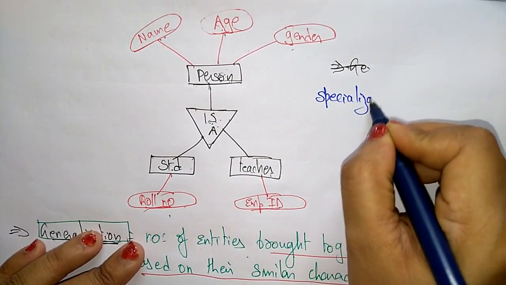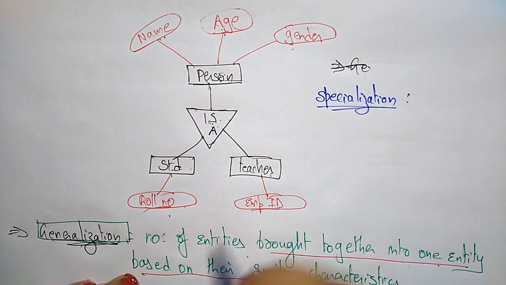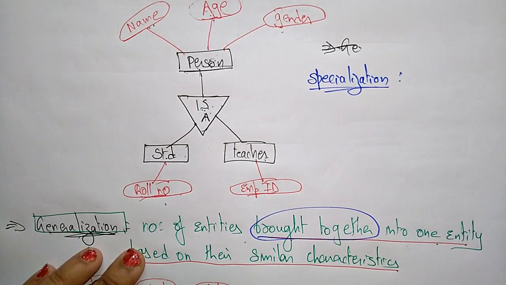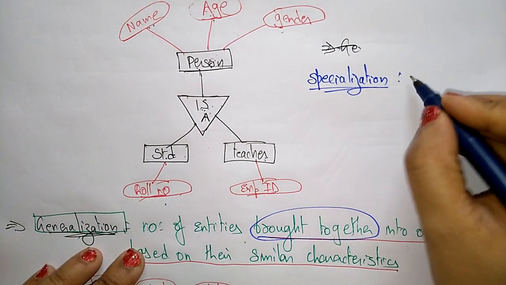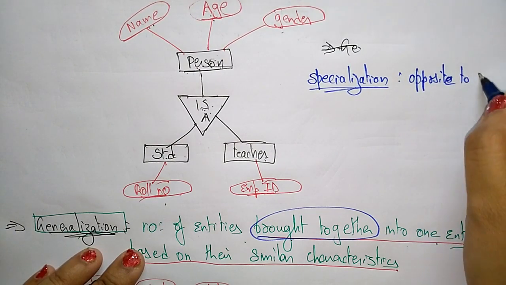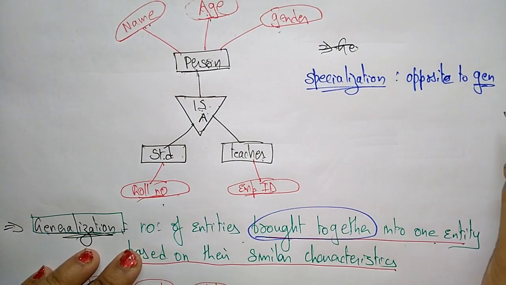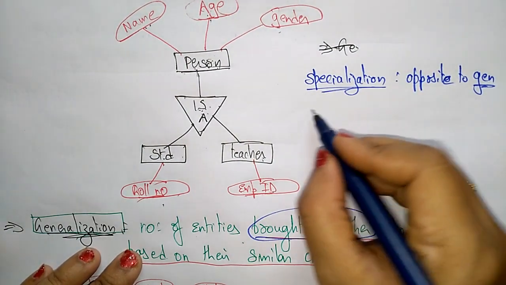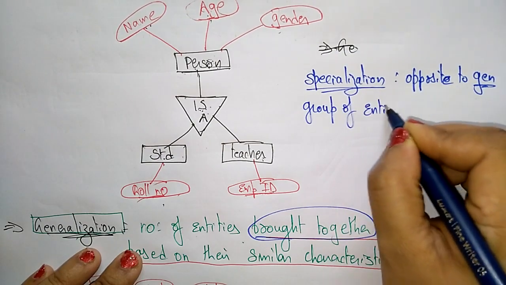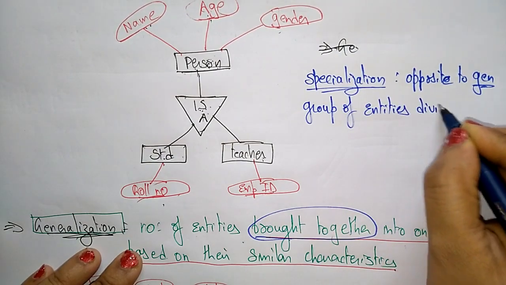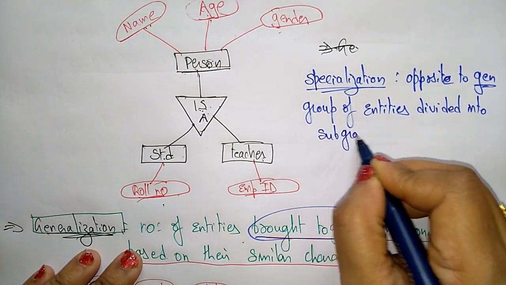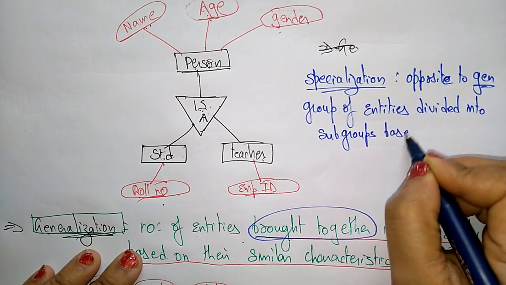And what is a specialization? Specialization is just opposite to the generalization. Generalization is brought in together, whereas specialization is dividing into subgroups. It is just opposite to generalization. Okay. Here a group of entities is divided into subgroups based on their characteristics.